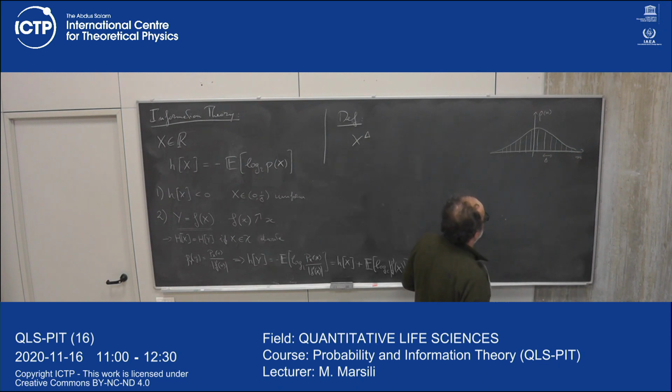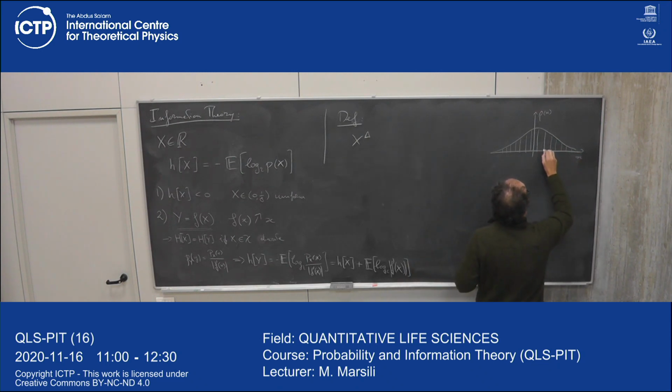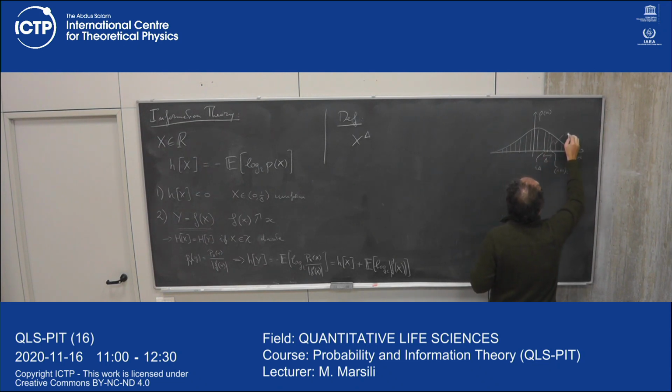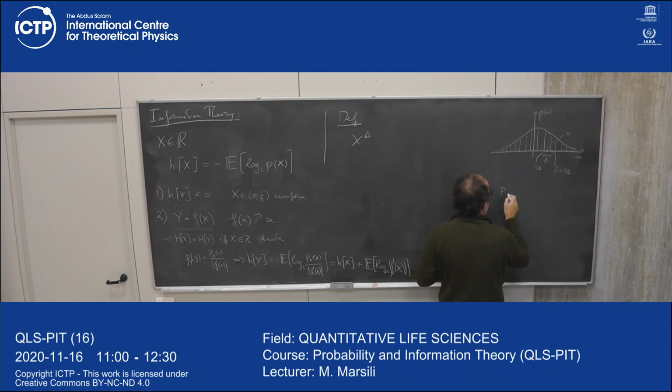Okay, so this interval will go from i delta to (i plus 1) delta. Okay, and then in each of these intervals we find the midpoint, this value xi. And the value of xi is defined by the midpoint theorem, such that the probability of xi is equal to 1 over delta times the integral on the interval of the probability distribution.